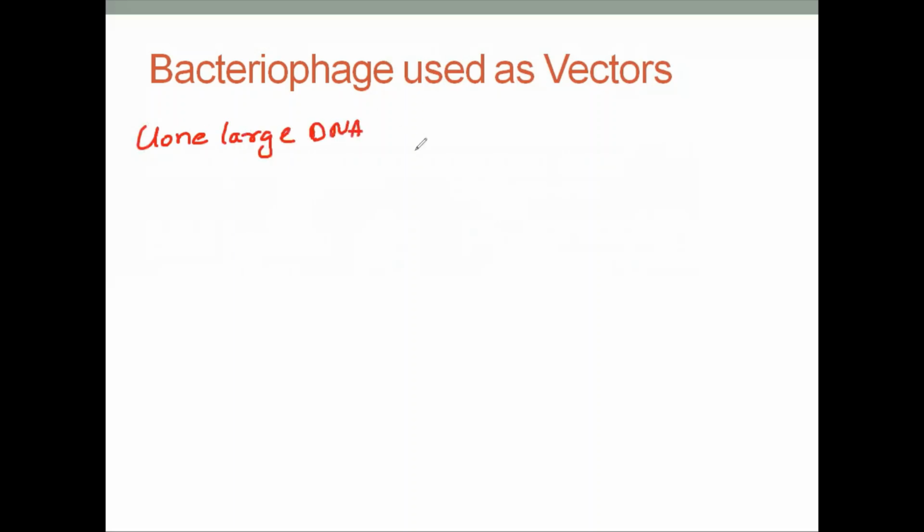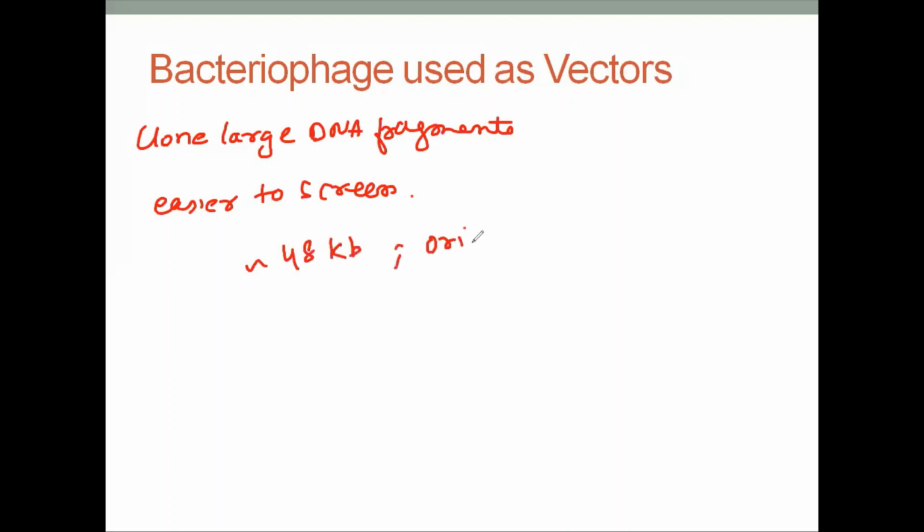First and foremost, they can clone large DNA fragments, and it is also easier to screen them. These are the most important points because of which we use them in place of plasmids.